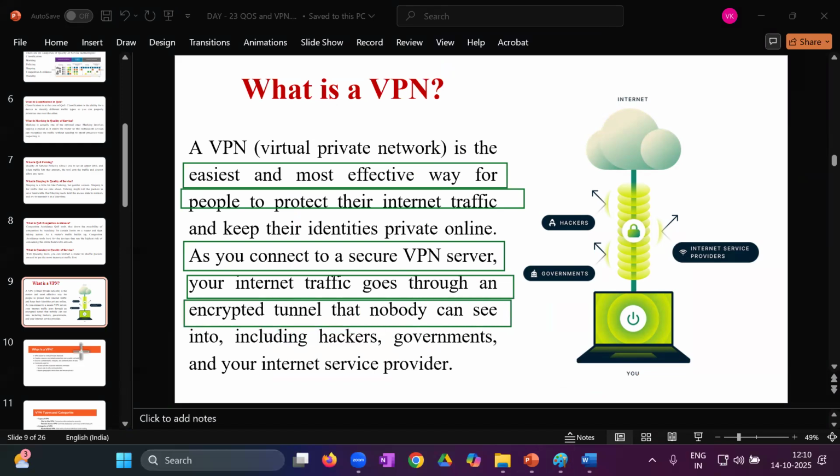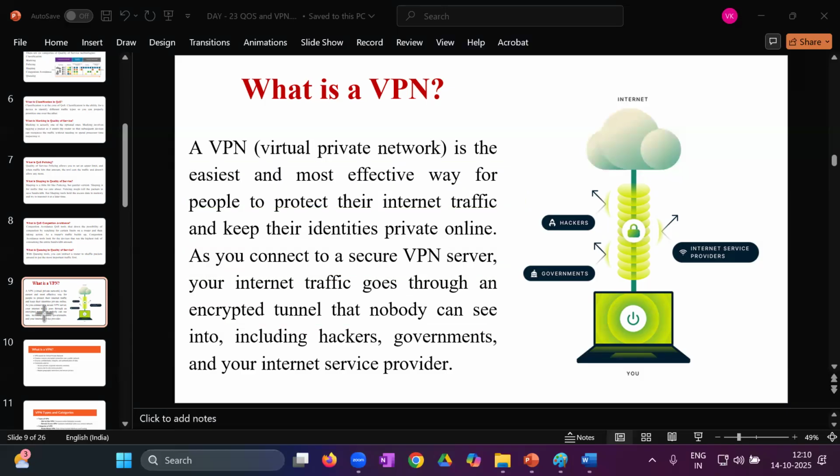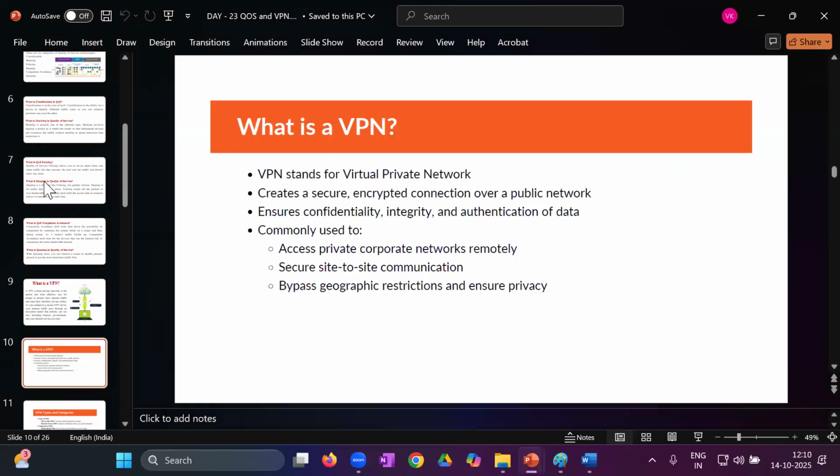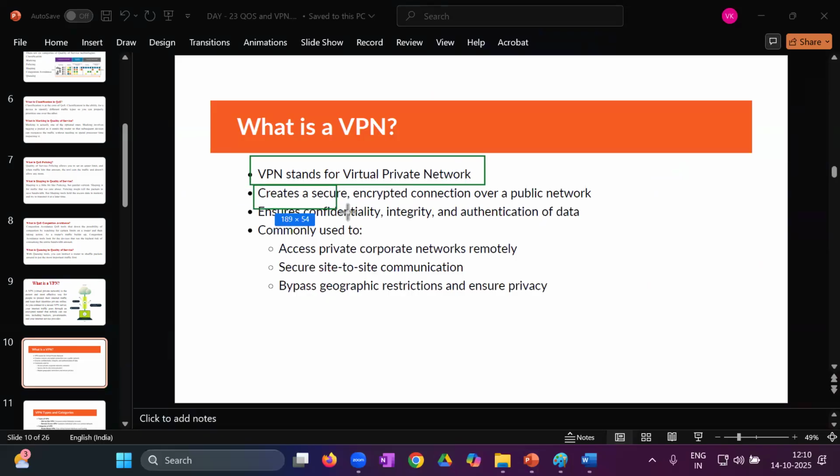It is going to be encrypted. So see here what it says. What is VPN? VPN stands for Virtual Private Network. It creates secure, encrypted connections over a public network.